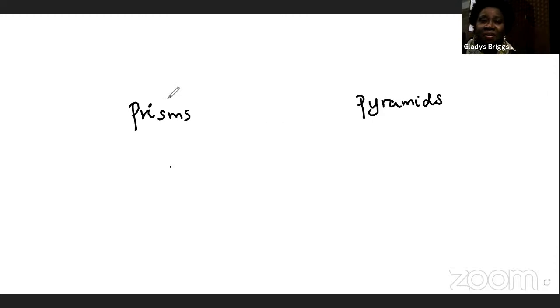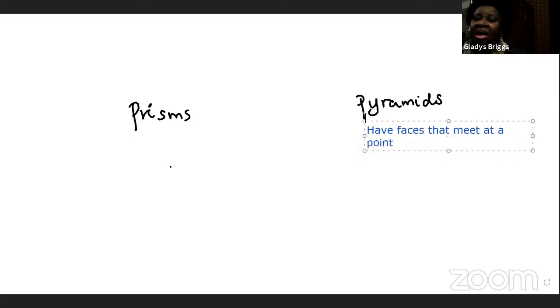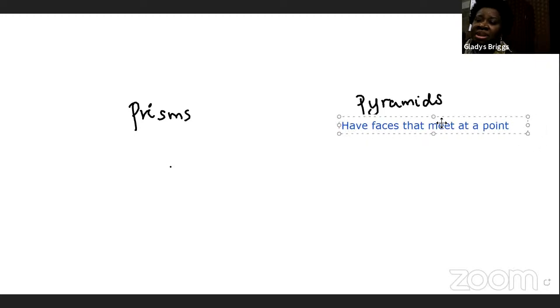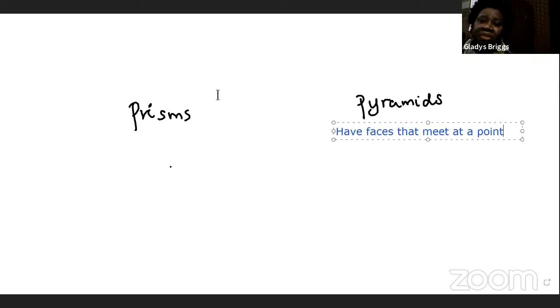Okay, so you know what pyramids look like. I'm not going to tell you about them. Okay, so pyramids are the ones that have faces that meet at a point. And we've already learned a lot about them this morning.